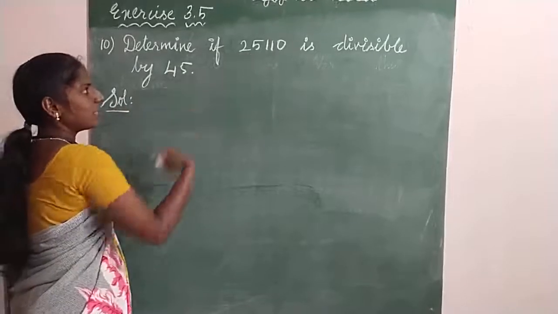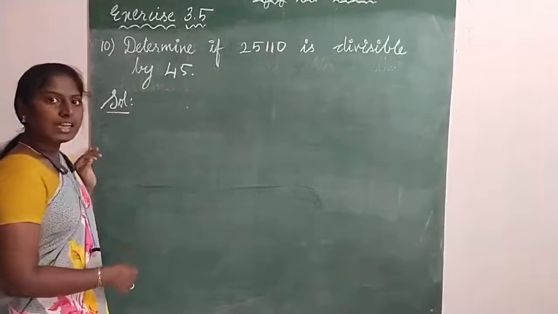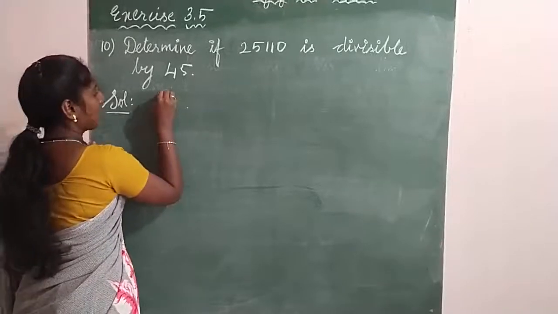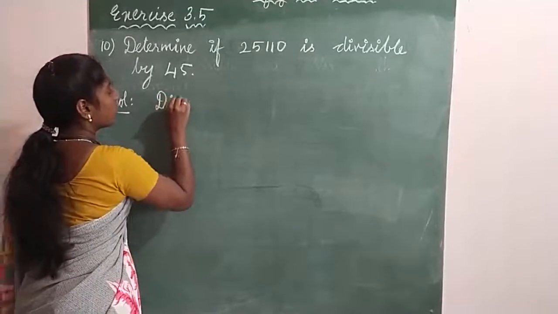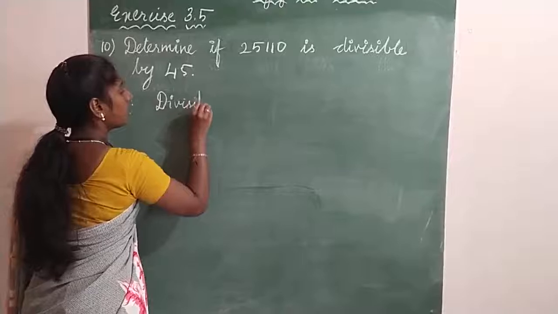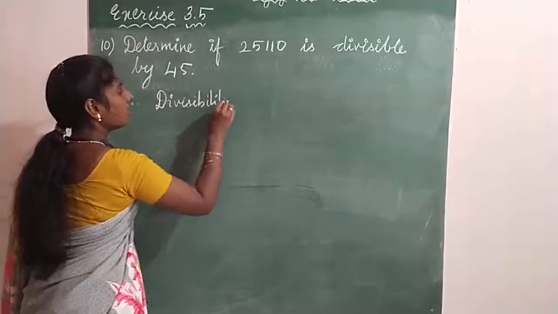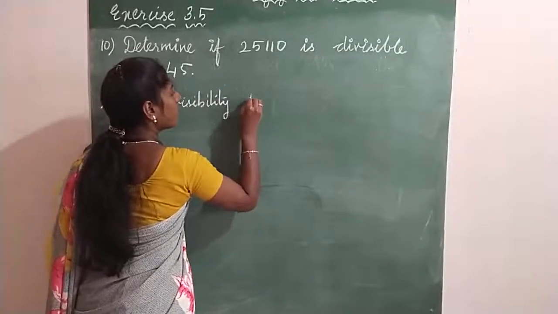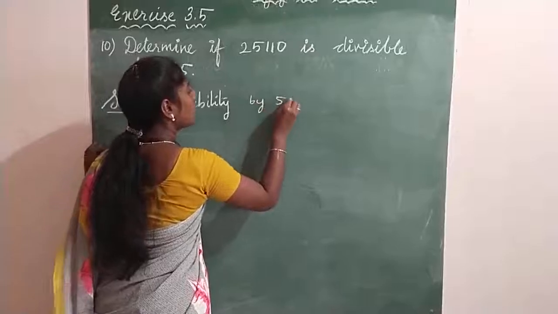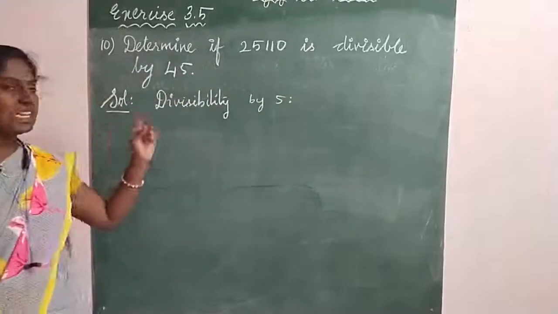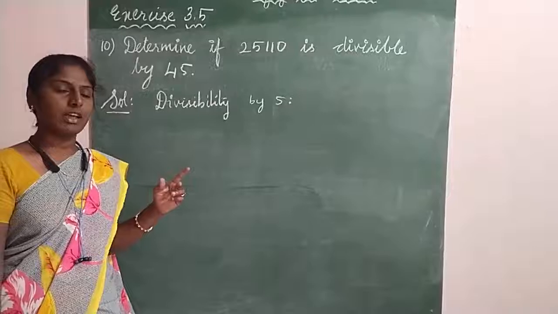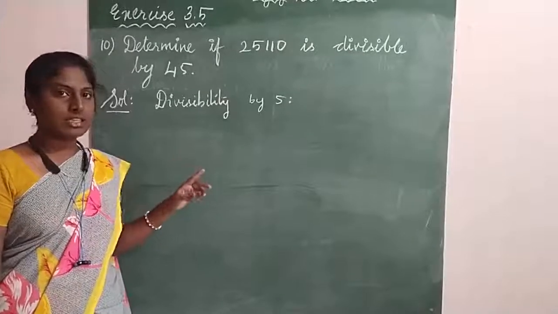Okay, so now let us do it. Let us check the divisibility of 25,110 by 9 and 5. Let us first check it with 5. Divisibility by 5. So how to check the divisibility by 5? If any number is divisible by 5, it should be ending with 0 or 5.